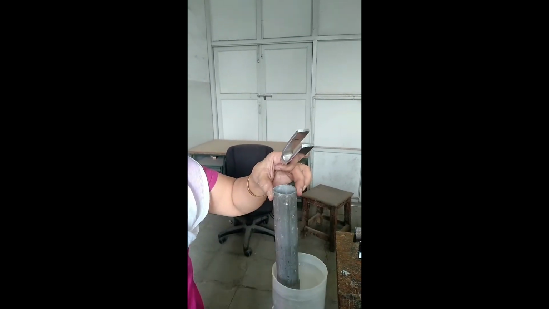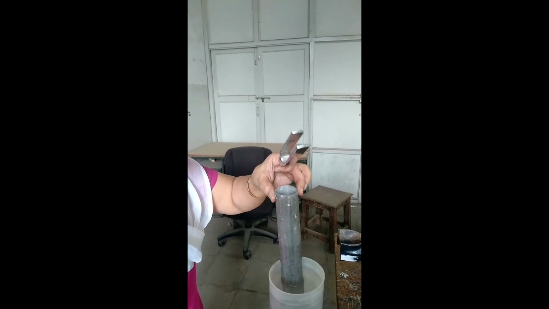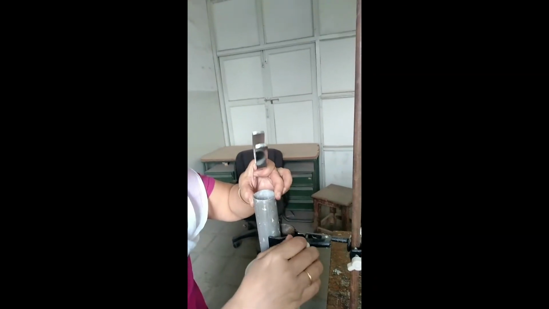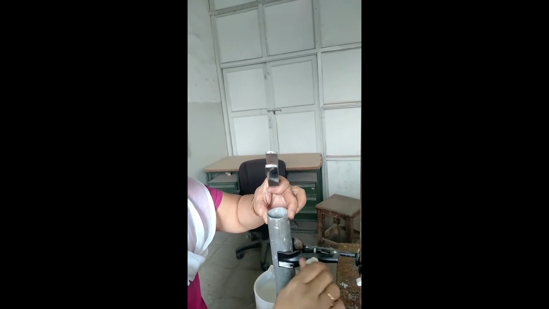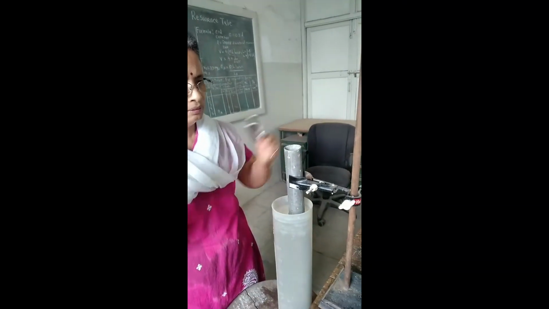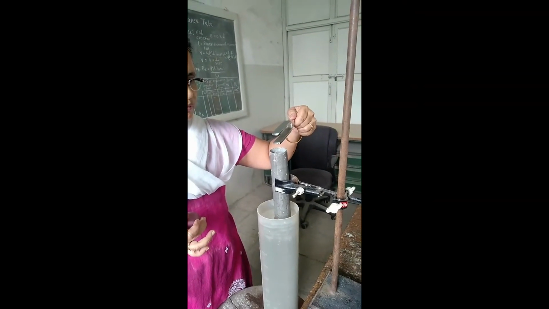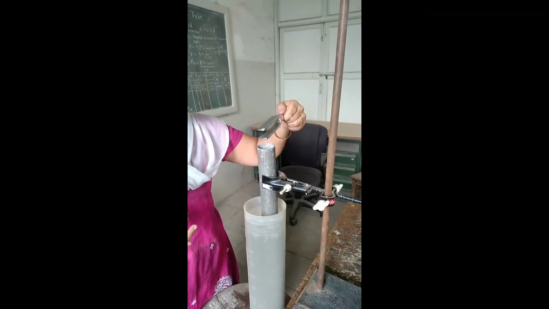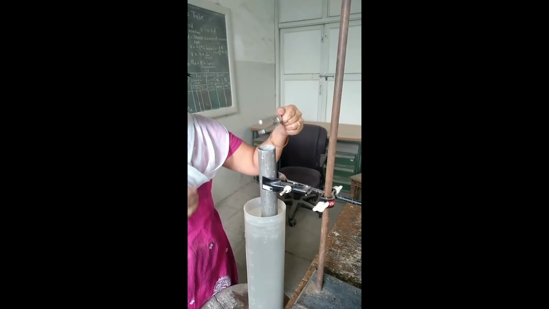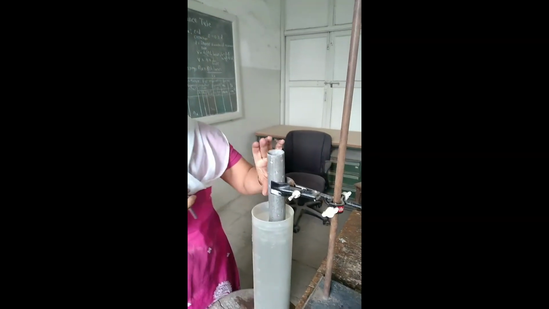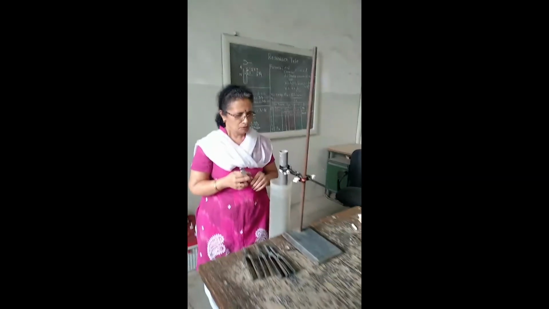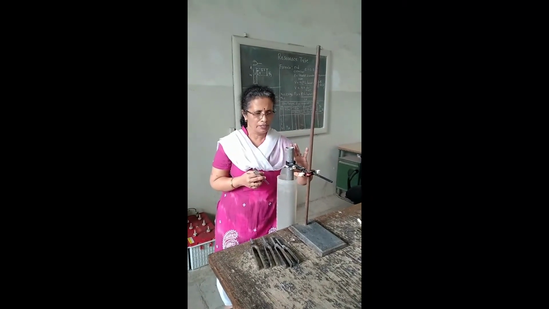When you get this loud sound, you fix the stand closer and tighten it gently. And again listen to the sound. You are getting this sound only at this place because the frequency of this air column is exactly matching the frequency of the tuning fork. So the loud sound is produced. So this length is equivalent to a quarter of the wavelength.